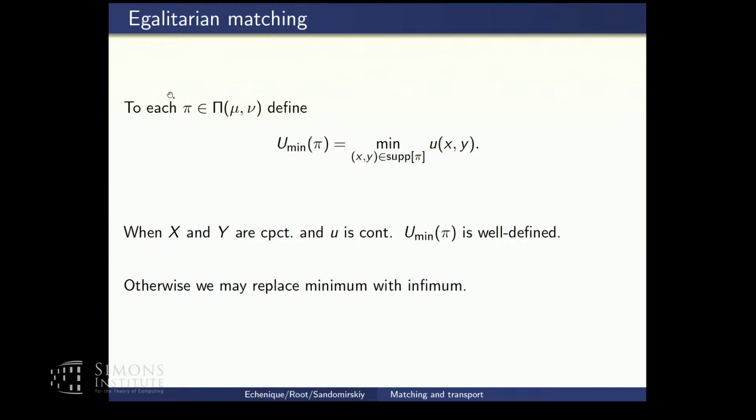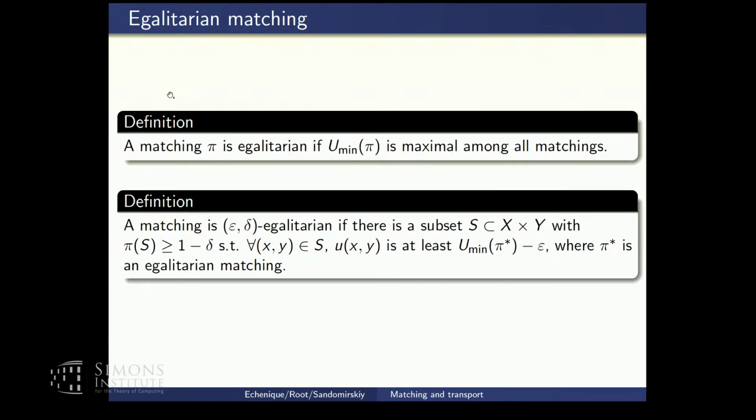So this is the least utility that a matched couple gets. A matching is egalitarian if it maximizes this objective, if it maximizes the smallest utility at any moment in the support of the matching.